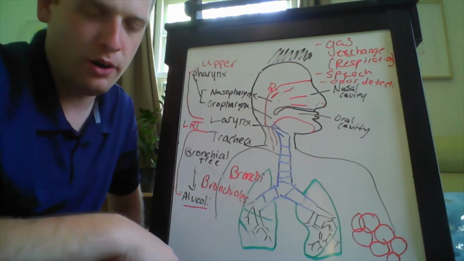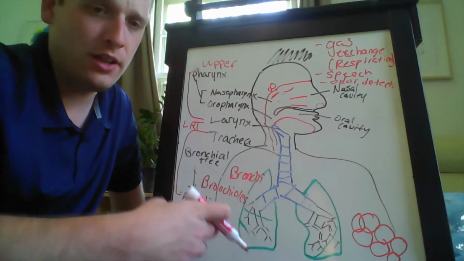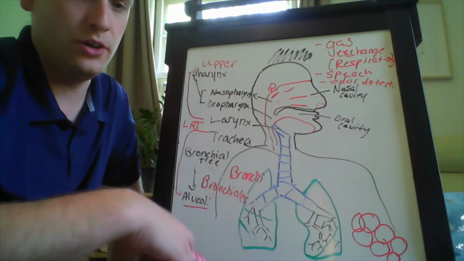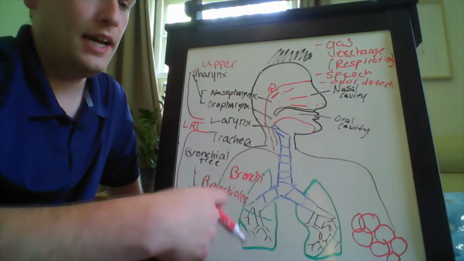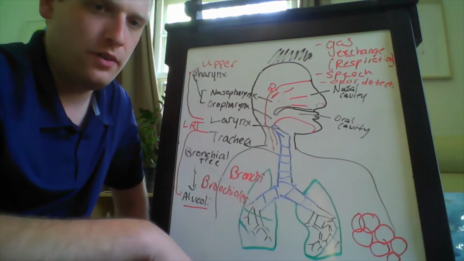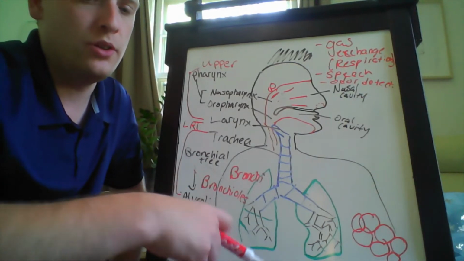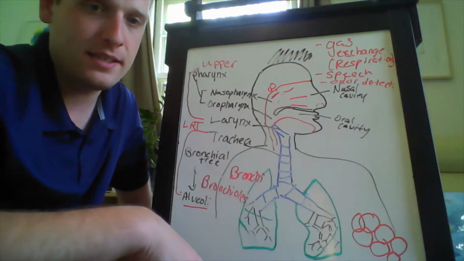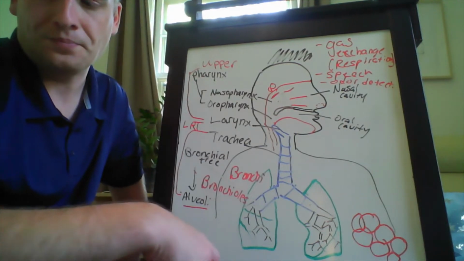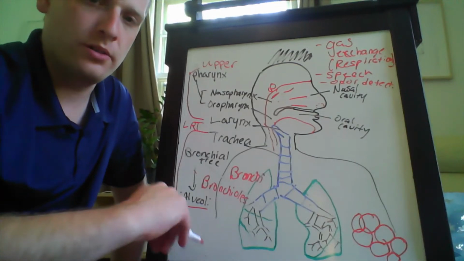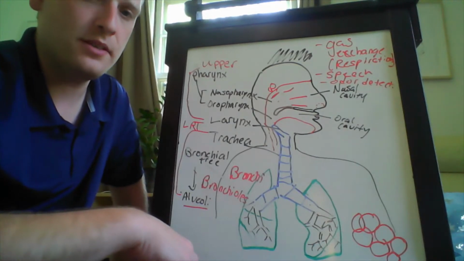So detection of odors, there are specialized neurons in the nose, and they have receptors for specific molecules and transmit those signals to the brain, which interprets as smell. So odor detection, again, another very important part of the respiratory system.